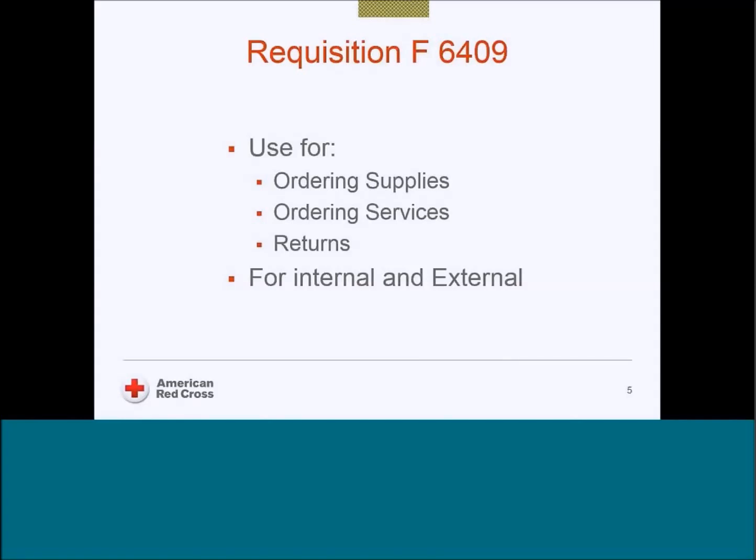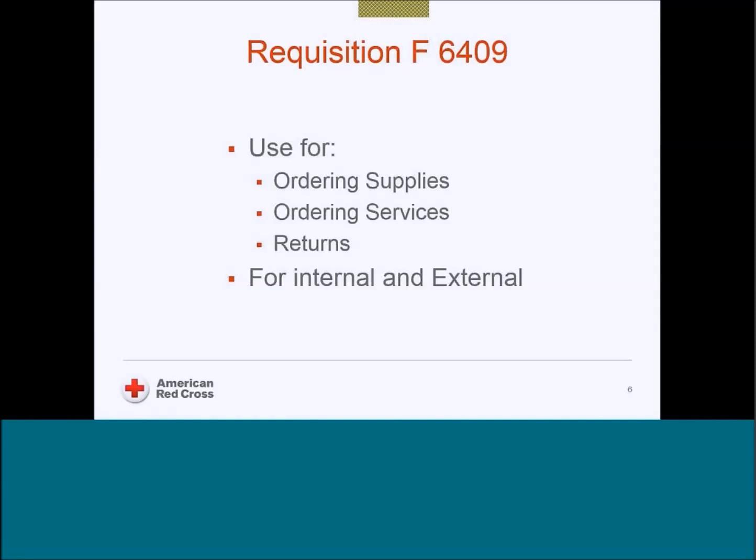A lot of people think it's only for supplies, but you can use it for services as well. And then we also use it for returns. So after a DRO, if people need to return supplies from like a shelter, or even if we need to return supplies back to the Disaster Field Support Center, the DFSCs, we can use the 6409s for that as well.